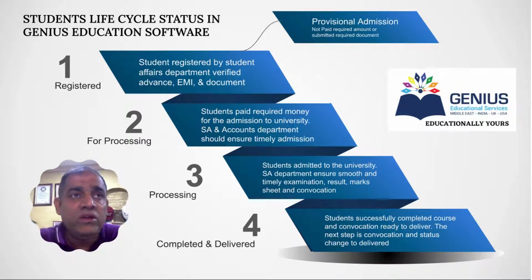They will show them the receipt, the amount they have paid, and the form they have filled, ensuring that the name's spelling is correct, the father's name spelling is correct, and the documents they have given are correct. They will also confirm the EMI they agreed to, because we don't want any discrepancy between the institution and them. This is where the role of the student affairs team comes in at the first stage.